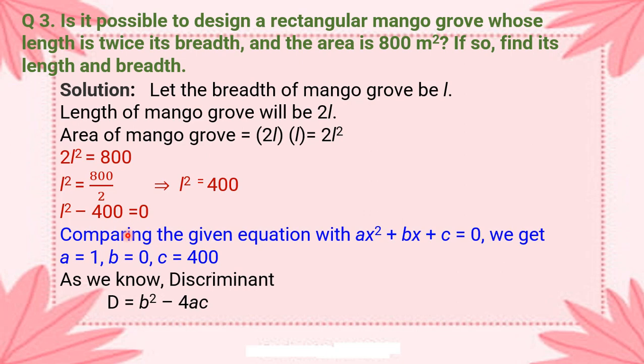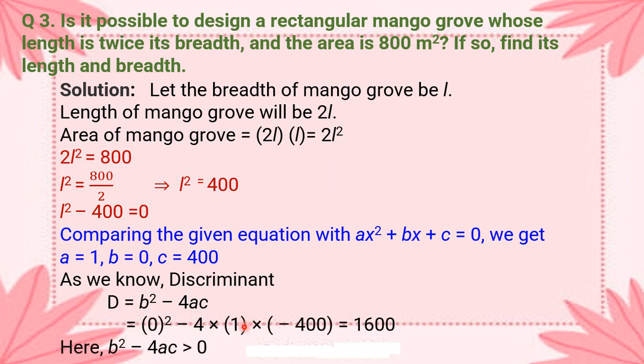Putting the values of a, b and c, we get D is 0 square minus 4 into 1 into minus 400, which is equal to 1600. Here b square minus 4ac is greater than 0, as 1600 is greater than 0. Now we can say the equation has two distinct real roots, as D is greater than 0.